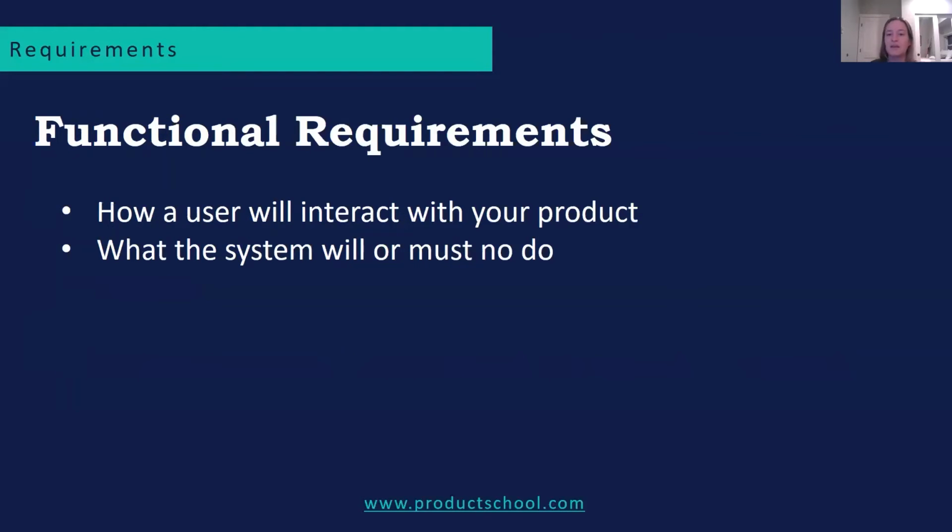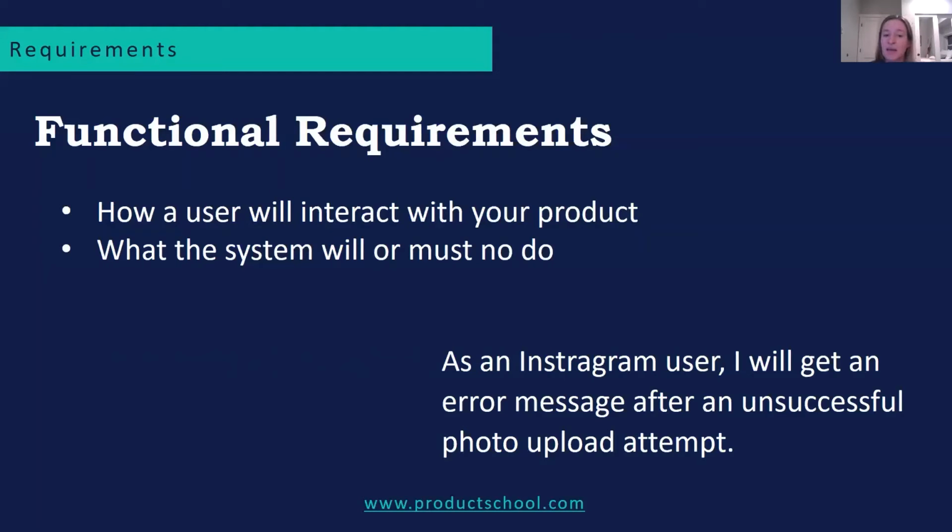So functional requirements are your product features. These are how someone will use the product and how they can expect for it to respond. So as an example, as an Instagram user, I will get an error message after an unsuccessful photo upload attempt.